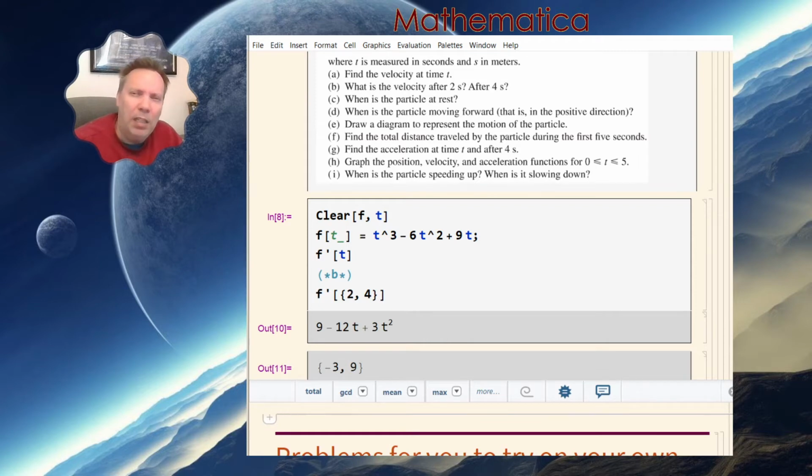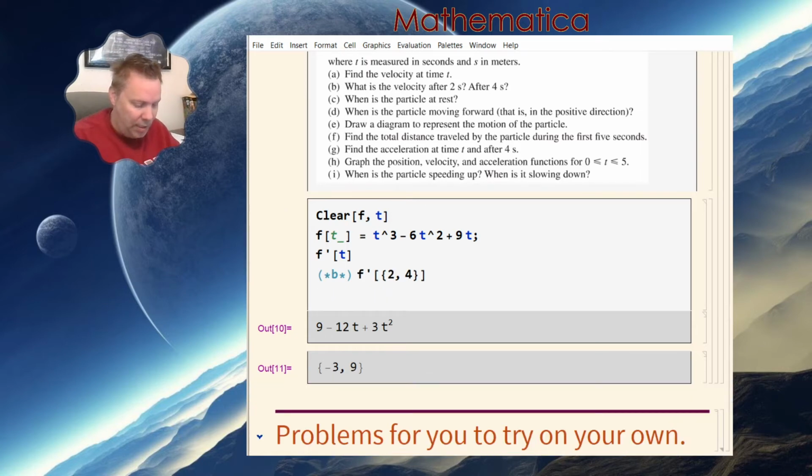Well, what does that mean? Negative 3 is a velocity. That means it's going back. And then 9, that means it's going forward. So somewhere in between moving backwards and moving forwards, the particle had to stop moving. And that's what part C says. So part B gives me the answer for part C: the particle is at rest at a time between 2 and 4.